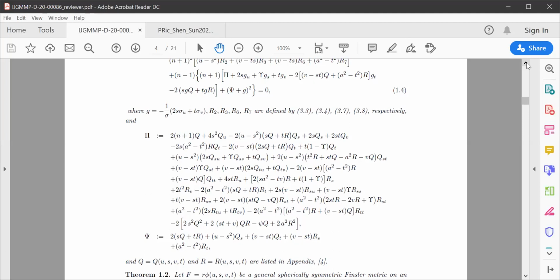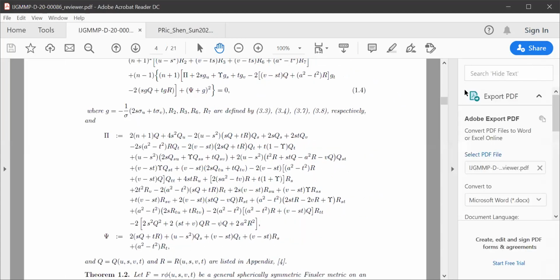So when you write a paper, don't give the definition of quantities in the appendix. And also all the quantities that show up in the paper should be mentioned.